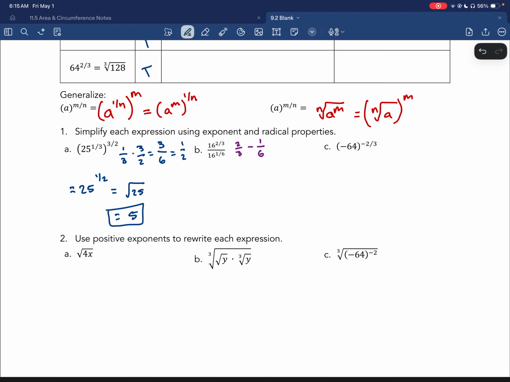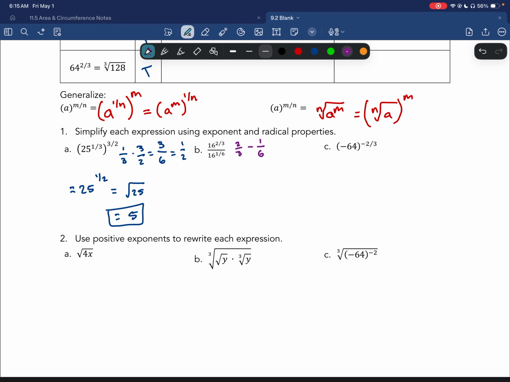When you're adding or subtracting fractions, remember we need the same denominator. Right now we've got 3 and 6 as our denominators. We need to make this into a 6 if we're going to do this subtraction.